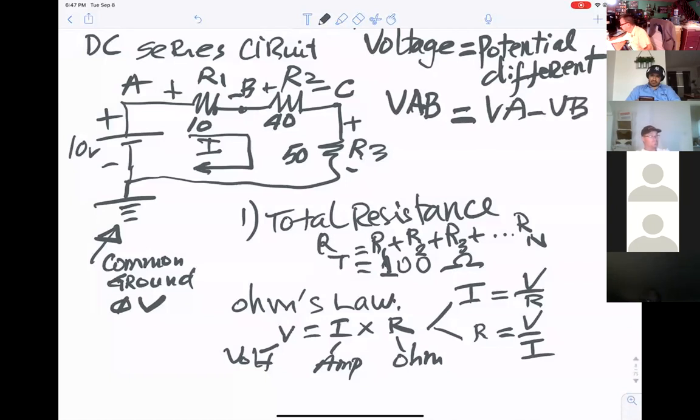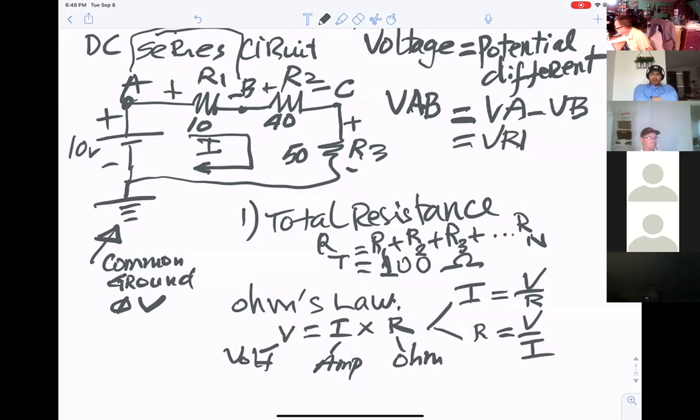That means the voltage at point A will be higher than the voltage at point B. So if you want the voltage across R1, that means the voltage from A to B. VAB is equivalent to VR1.